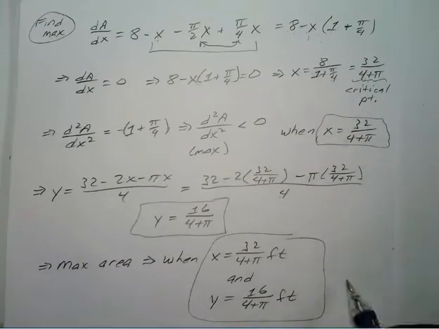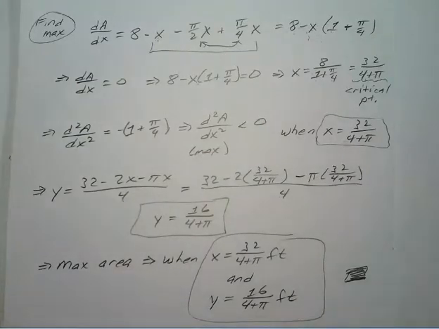Okay, now since this didn't ask for a rounded answer, we're going to leave it like this as an exact answer. Now, if they ask for a rounded answer to so many decimal points, you plug that into a calculator, and it will give you a decimal answer, and you round it to the nearest tenth, hundredth, thousandth, whole number, whichever one that particular answer asks for.